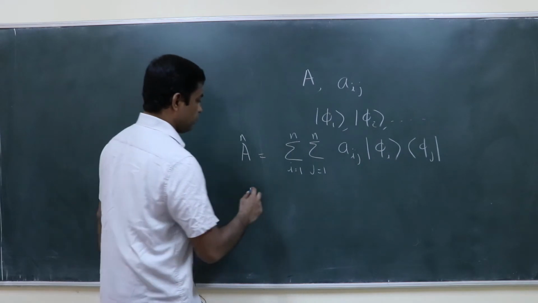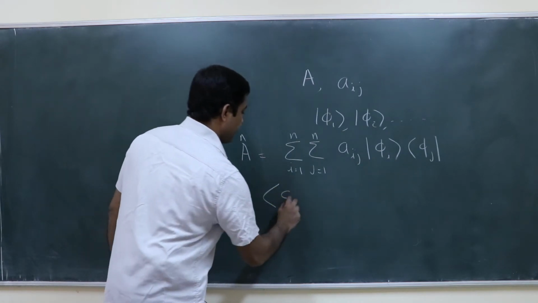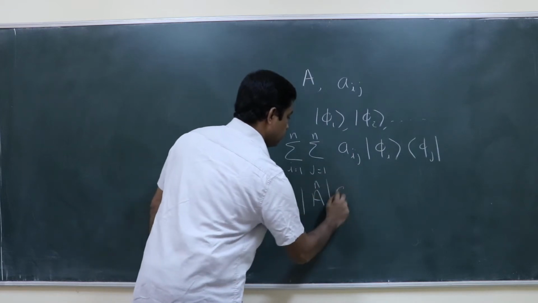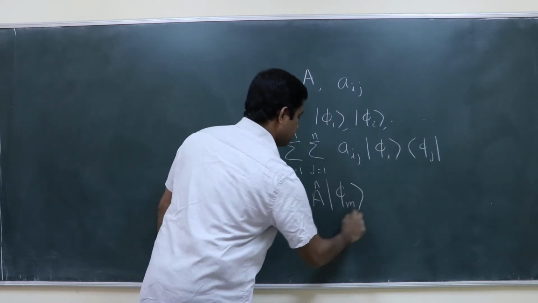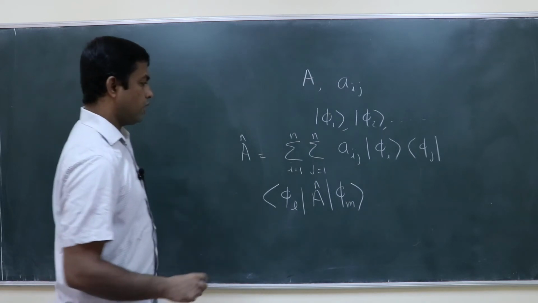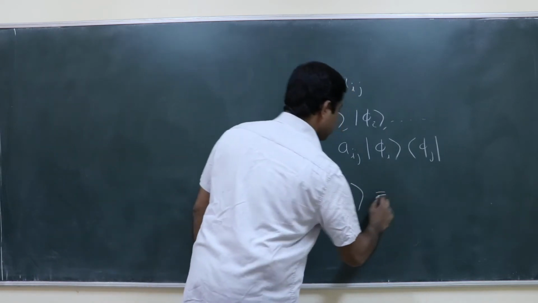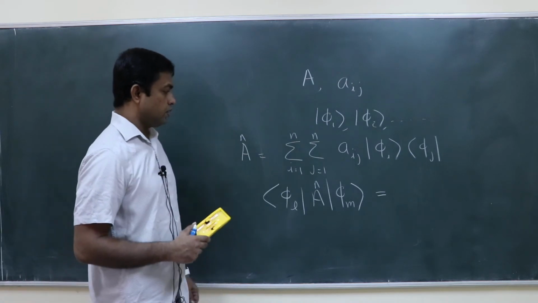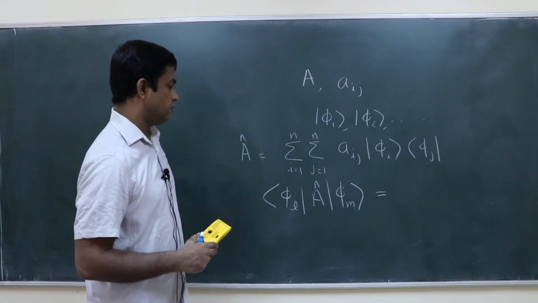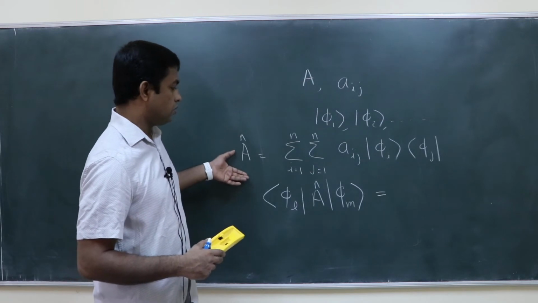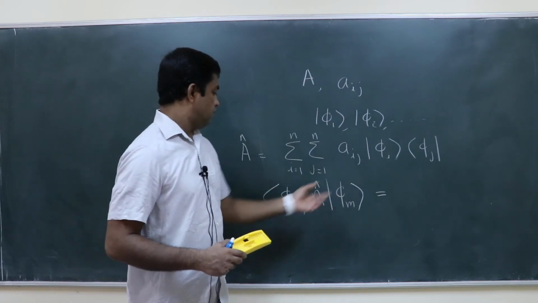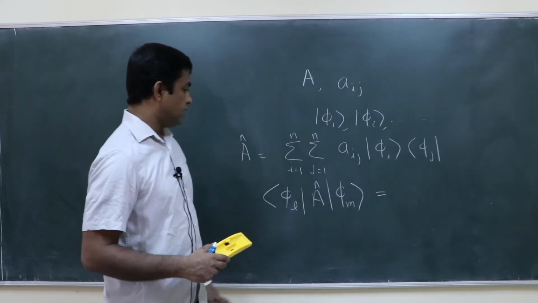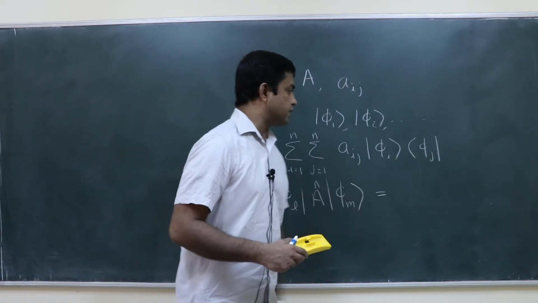If I do bra phi L, operator A, ket phi M, what am I going to get? You take the bra phi L from the left hand side and the ket phi M from the right hand side.